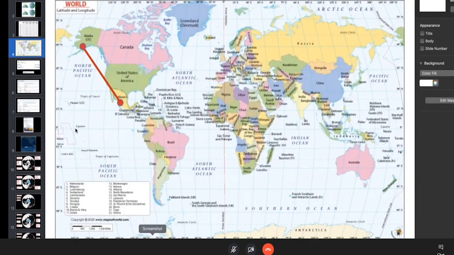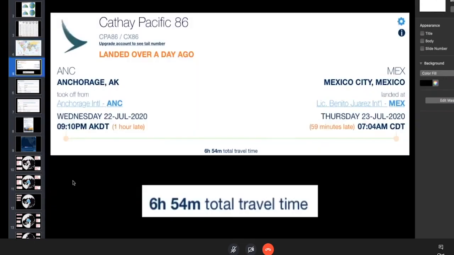The flight we're going to talk about today is from Anchorage, Alaska, at 60 degrees north latitude, to Mexico City at approximately 20 degrees north latitude. It's an actual flight called Cathay Pacific 86, on the 22nd of July. It took about 6 hours and 54 minutes to make the trip from Anchorage to Mexico City.